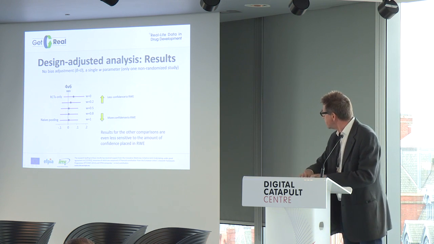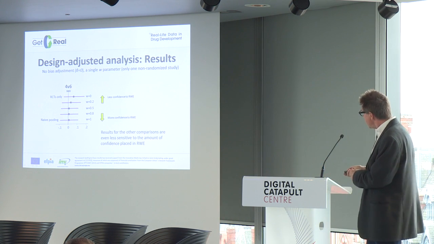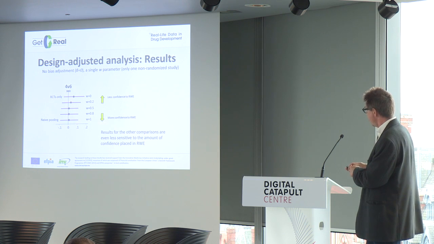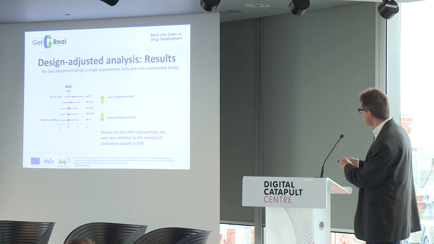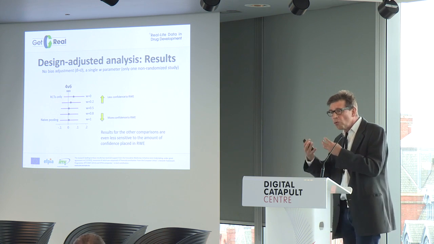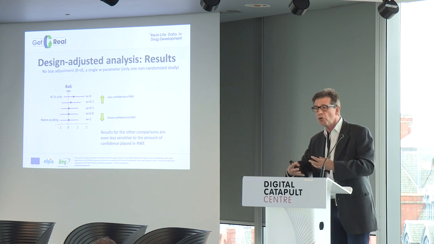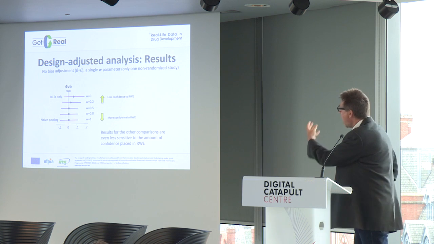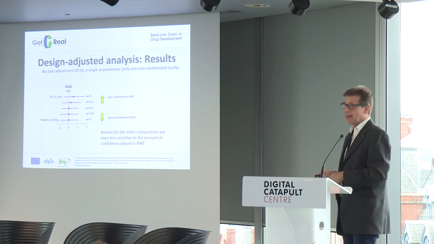So what you see is if we set W to 0, I'm not sure whether you can see it. Okay. In this case, we really only look at the RCT evidence. And now we can change the value of W and allow more and more observational evidence.